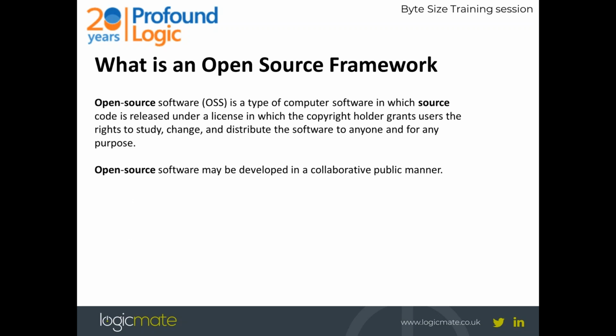A framework is a set of code or a program, a system that's written by the open source community, and it's freely available to use. It's freely available to use under license, which gives all sorts of copyright facilities. But it doesn't cost you anything to download it or run it.